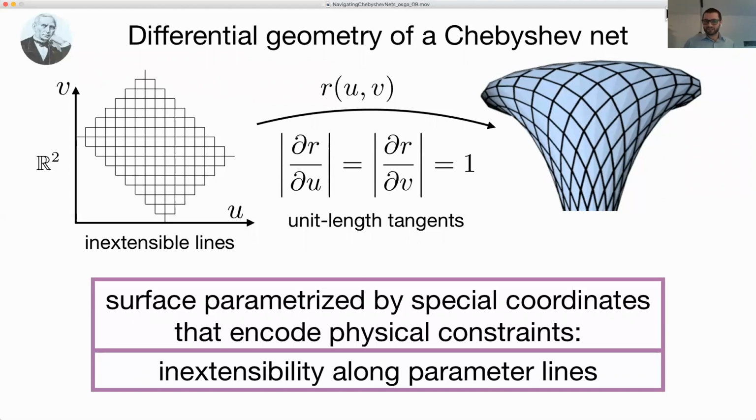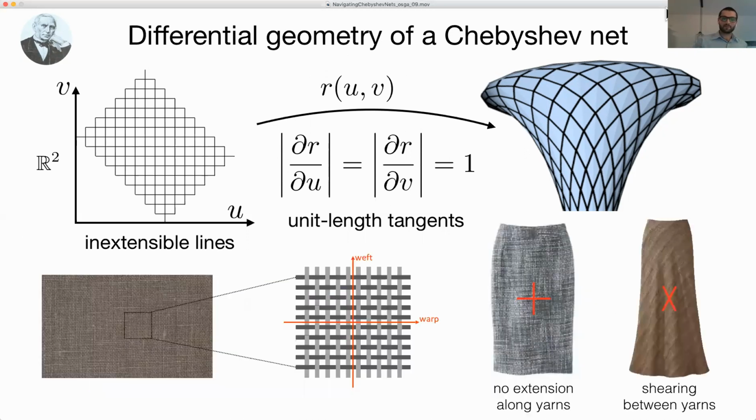This physically corresponds to the inextensibility of the u and the v directions, but those two are still allowed to shear with respect to each other. So this is sort of a differential geometric model of a piece of woven fabric. You use the parametrization to encode the geometry of the inextensibility condition.